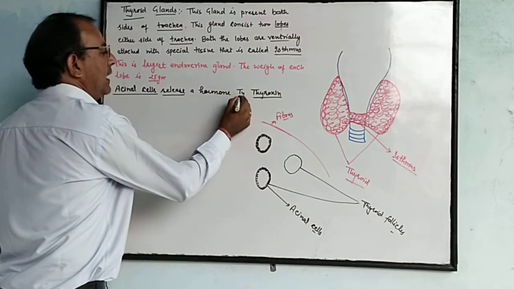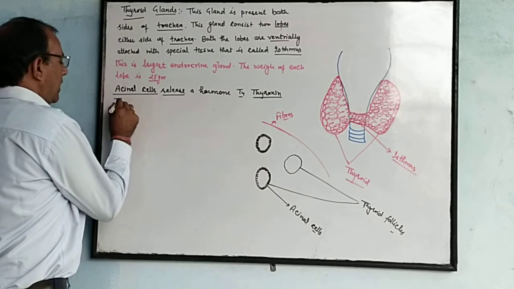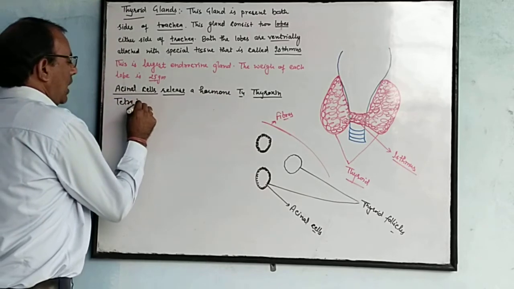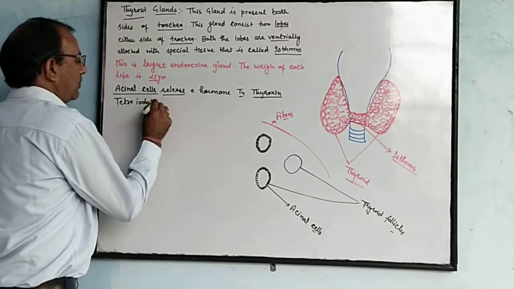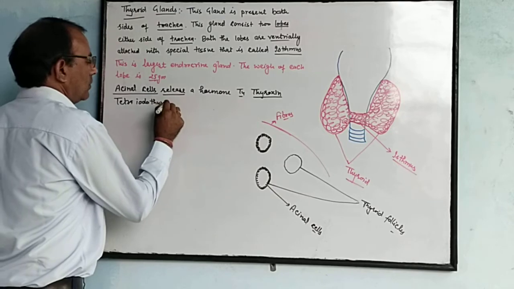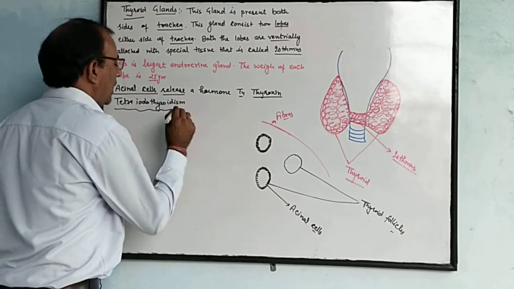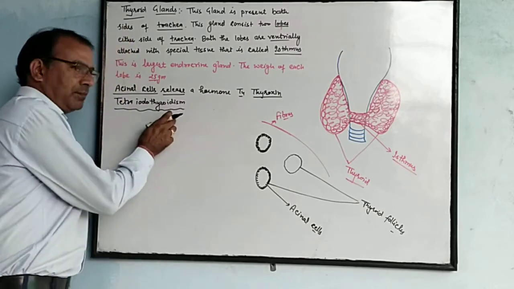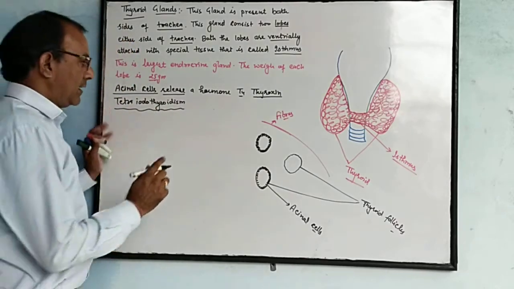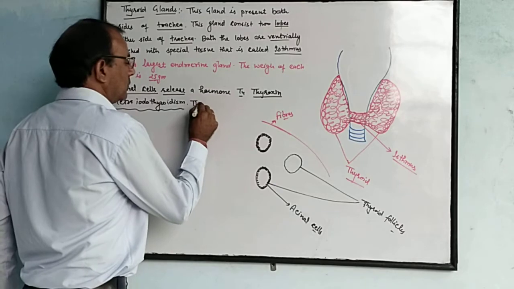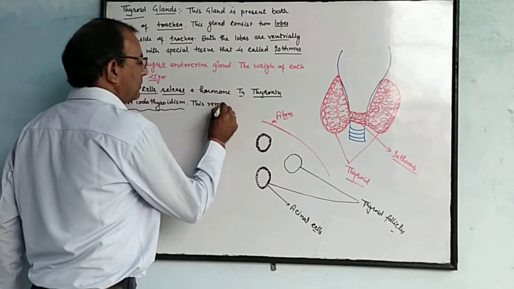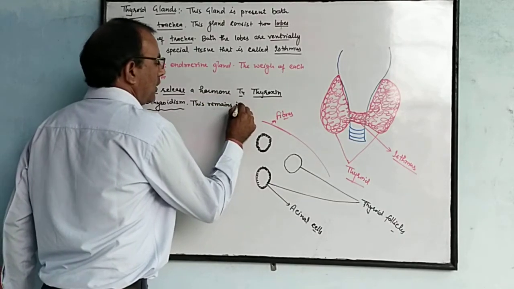Thyroxine is also known as tetraiodothyronine, but this remains inactive.